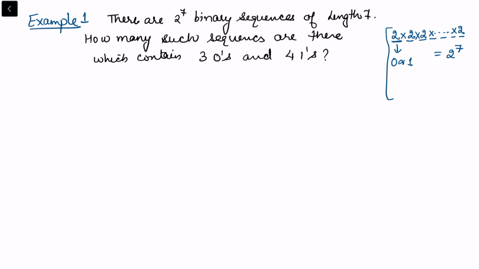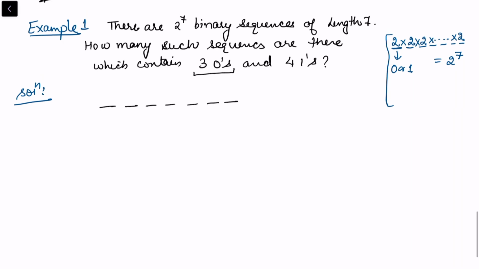Again we can see in this question the total length is 7. So we first place the length 1, 2, 3, 4, 5, 6, 7, and it has already been said that there are 3 zeros. So if I randomly place 3 zeros, then obviously at the remaining places you have to keep 4 ones. So here we will simply say out of 7, the length is 7, I want to select 3.